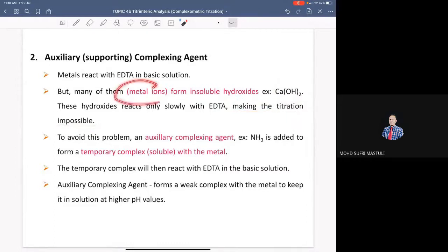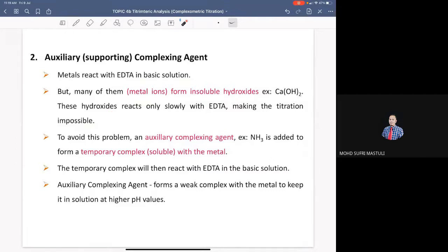Calcium and magnesium react very easily in the presence of hydroxide, forming insoluble hydroxide. So the hydroxide compound reacts very slowly with the EDTA, meaning that the titration is impossible, because in titration the chemical reaction between the titrant and analyte should be a fast reaction.